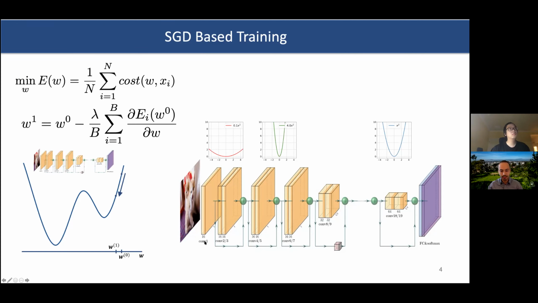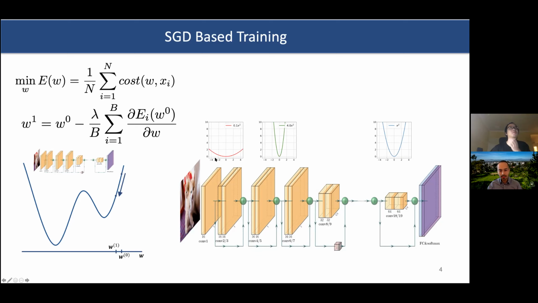So let's say the first layer would look like y equals 0.1x squared. If I keep everything else constant and only perturb the first layer, I'm going to see this parabola. For the middle of the network, maybe I see y equals 4x squared, and at the end I see y equals x squared. The problem of using the same lambda for all of these layers is that the curvature differences require different step sizes.